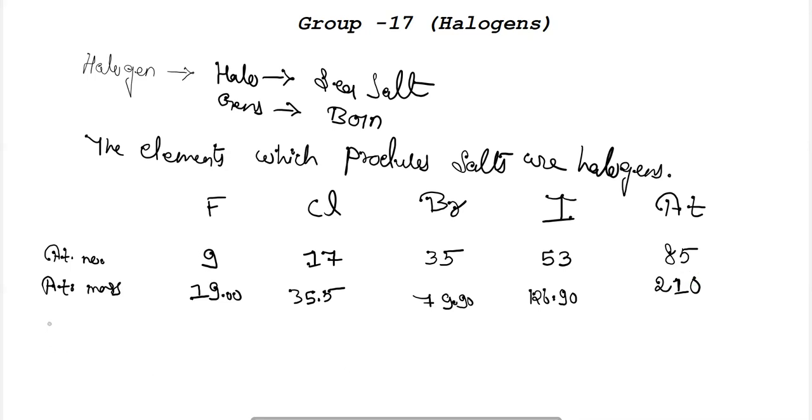Next is the covalent radius, which is calculated in picometers. For fluorine it is 64, for chlorine it is 99, for bromine it is 114, for iodine it is 133, and for astatine it has not been discovered.